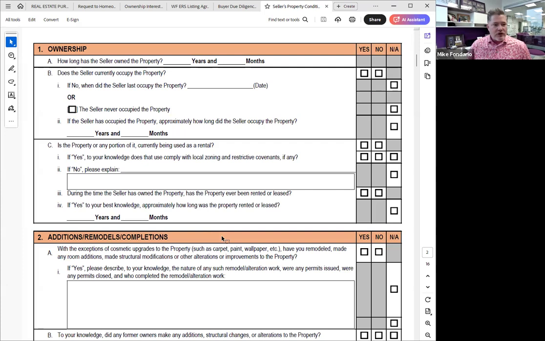So that would be a portion of your property, because your property is the legal description, not necessarily the structures. So you could rent a corner of your property so someone can park their car there, and you would need to disclose that, if that makes sense.